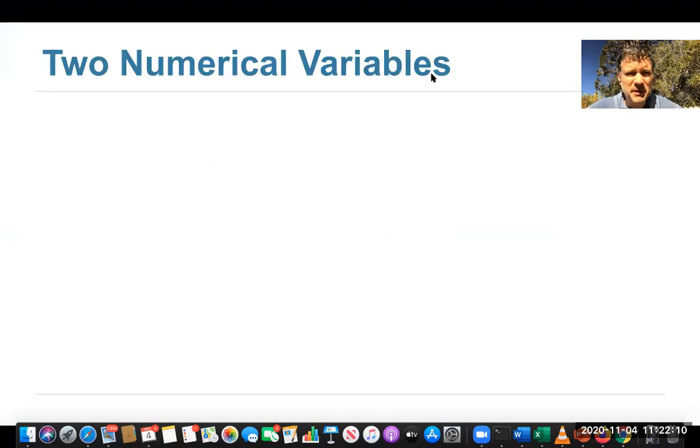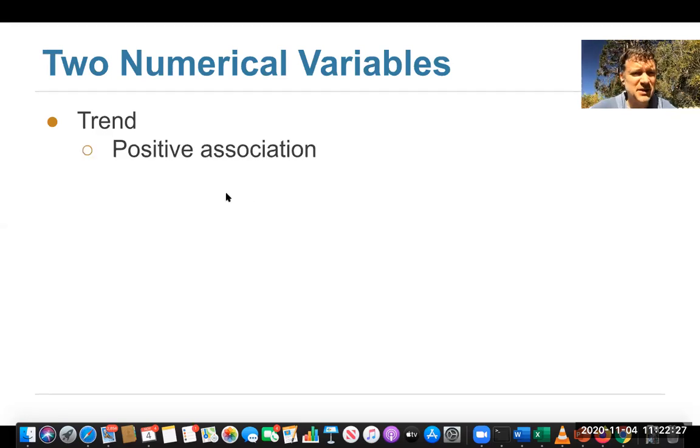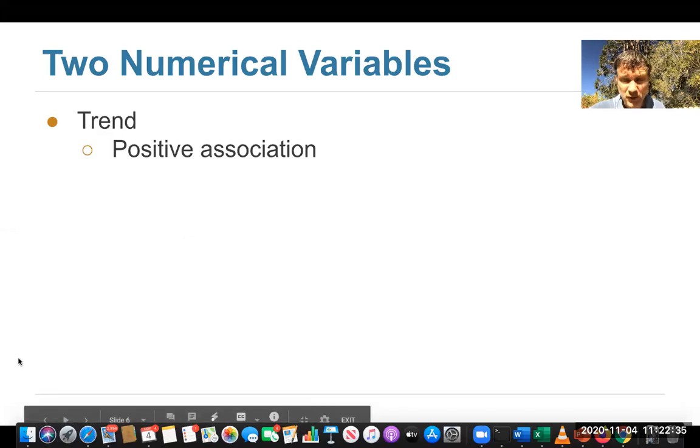I want to talk now a little bit about association. All right. So we've talked before about what it means to have an association between two variables. The way you can test visually whether there seems to be an association between two numerical variables is you can plot it on a scatter plot and look if there seems to be some kind of a trend. Basically, if the line seems to be going up as you go rightwards, then that's a positive association.